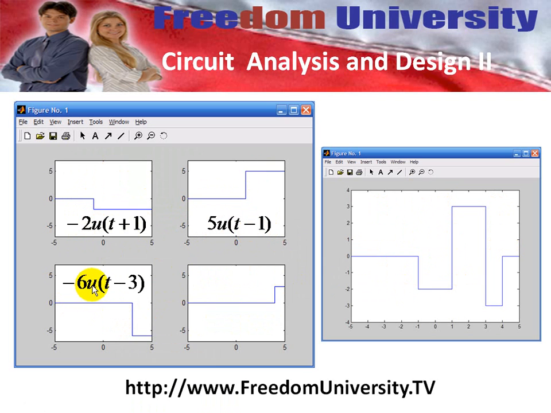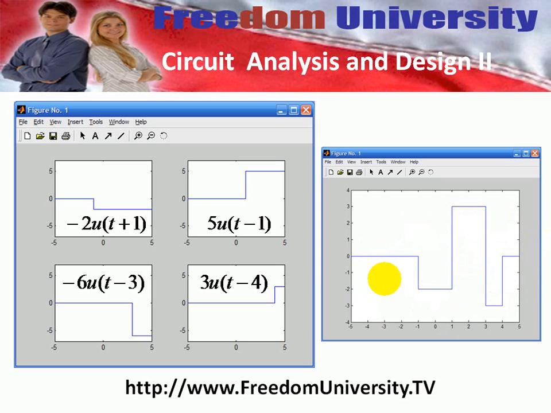And this step function went down minus 6, turns on at t equal to 3. And then finally this last step function here goes up 3 at t equal to 4. And when you add up all these step functions, you get this waveform that was given.